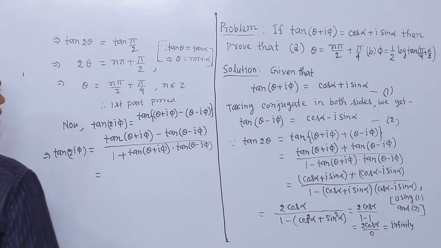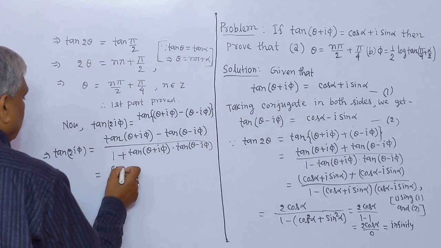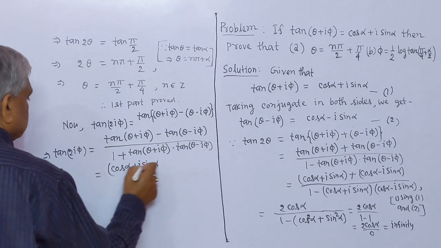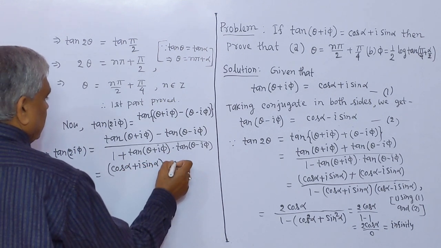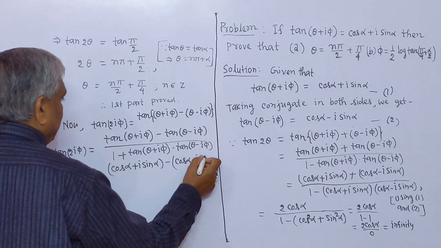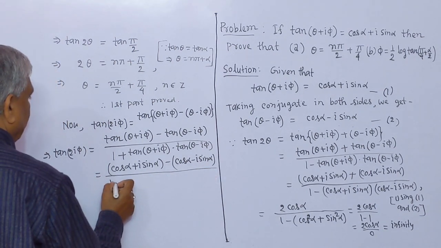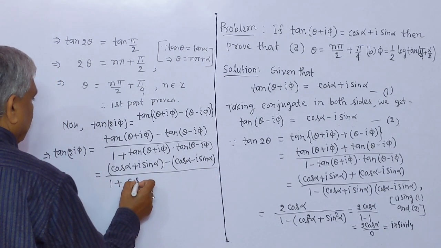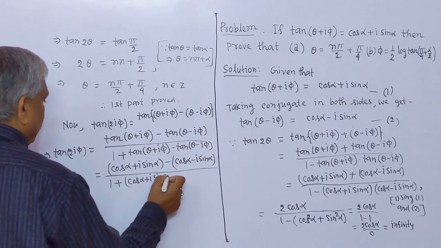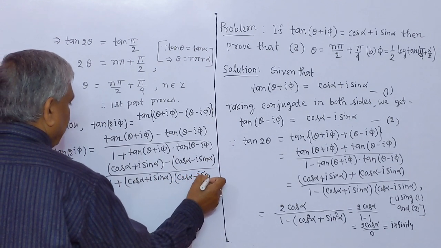Here using 1 and 2, tan(theta plus i phi) is cos alpha plus i sin alpha, minus cos alpha minus i sin alpha, by 1 plus cos alpha plus i sin alpha multiply cos alpha minus i sin alpha.